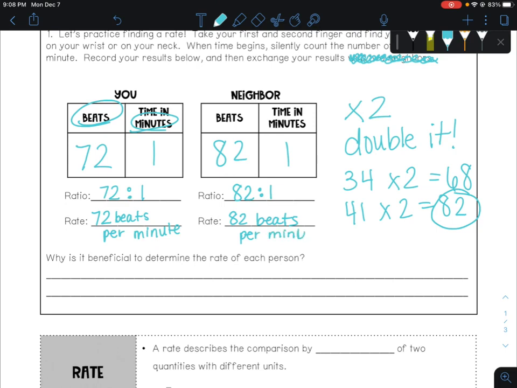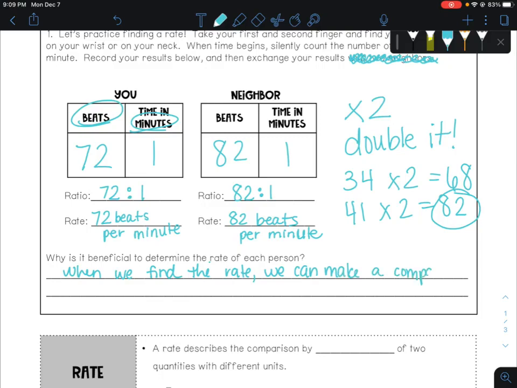And we use that word per in the middle, kind of like we would use the word to in a ratio. That's our word in the middle that shows the two things we're comparing, beats to minutes. So why is it beneficial to determine the rate of each person? Well, when we find the rate, we can make a comparison.